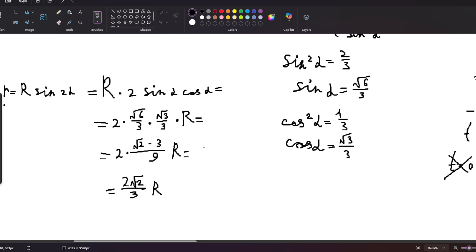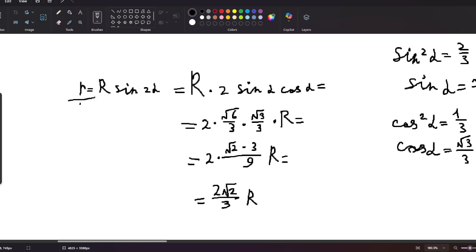So we have expressed the tiny r in terms of capital R.